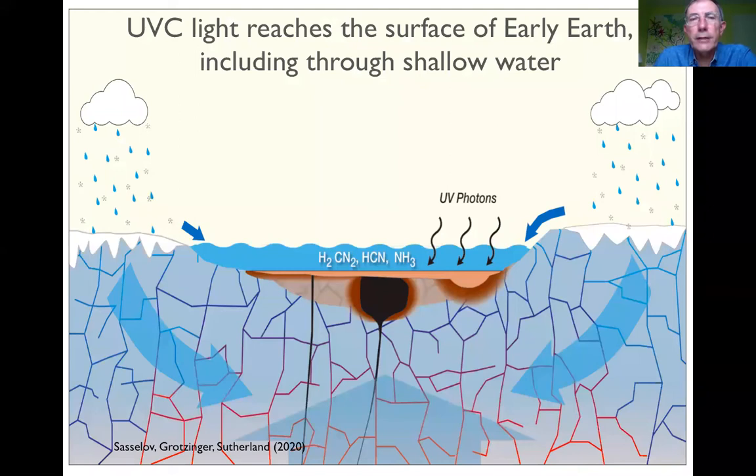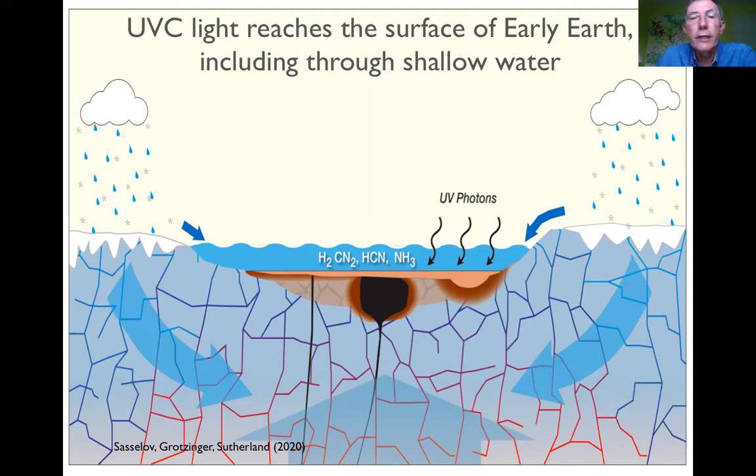So to summarize this, UVC light is what we need for the chemistry, and I'll show you why. That's my next topic. Why exactly UVC light? Why this energy range? UVC light is what we need, and we are fairly sure that it will reach the surface of prebiotic Earth, including shallow lakes in which you may have the hydrogen cyanide and the ferrocyanide and the copper cyanide, which will jumpstart the process that will lead to the building blocks, and which works in the lab.